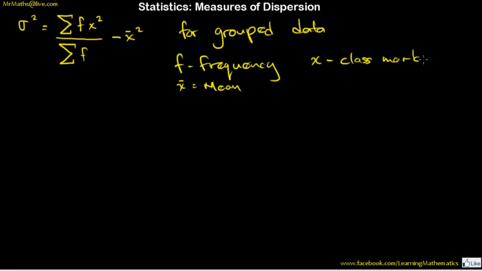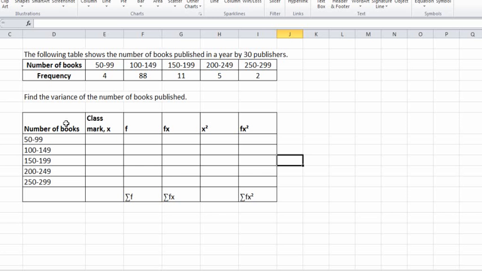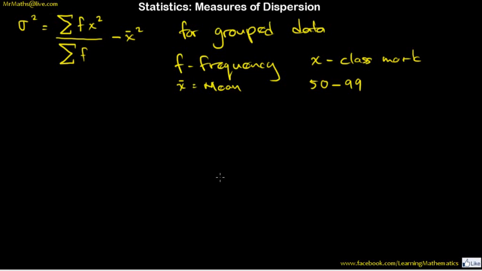I'll tell you what a class mark is. A class is like a grouping. 50 to 99 is the first group that we have in the example here. So that's the first class.